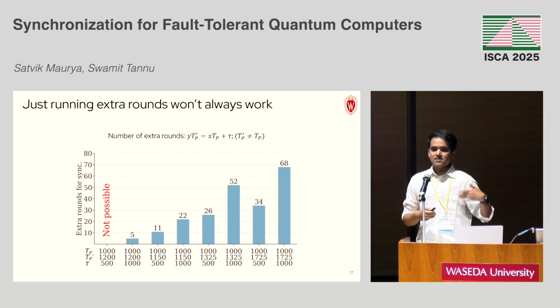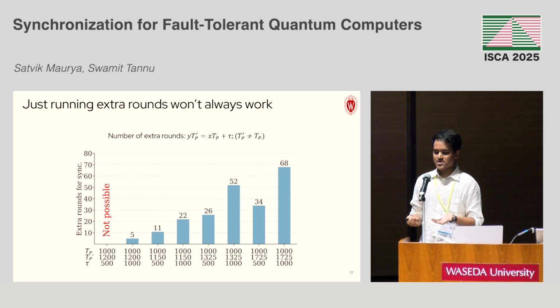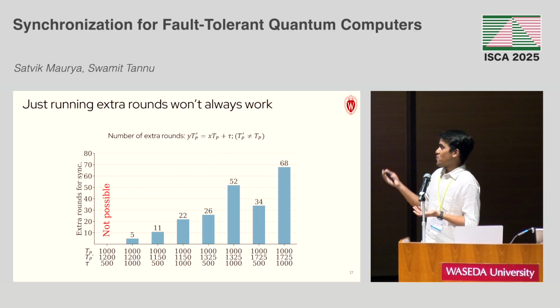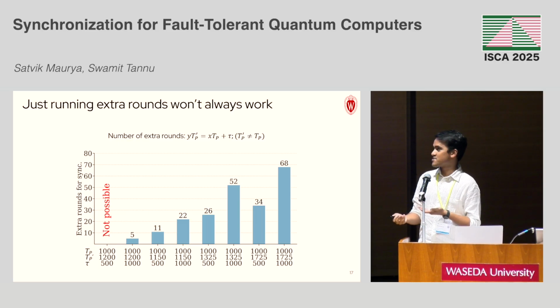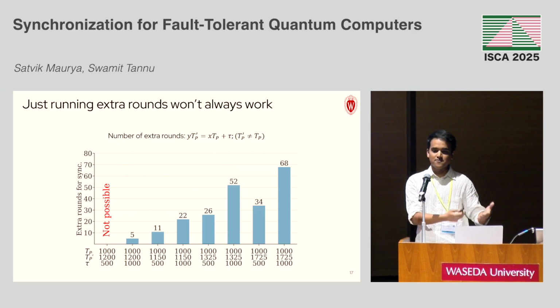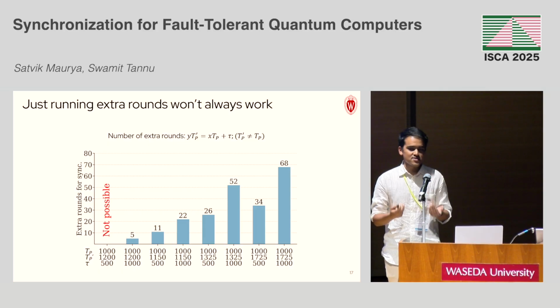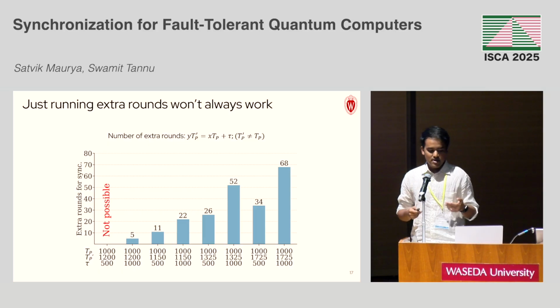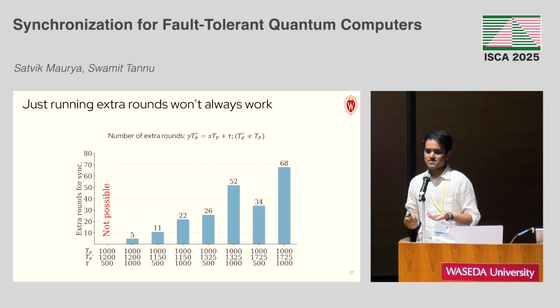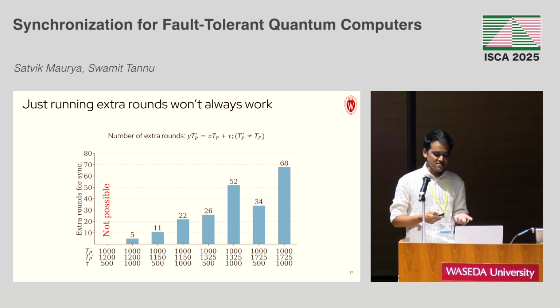And on the y-axis is the number of extra rounds that you would need to run for the two logical qubits to synchronize naturally. For one case, you can't even synchronize them. It's not possible by running extra rounds. For other cases, you will have to run a large number of rounds just so that the two qubits will synchronize. And this is not ideal because now you're slowing down your computation. So we need some more practical synchronization policies.